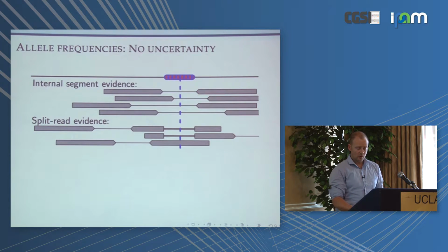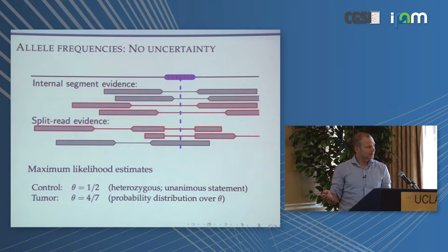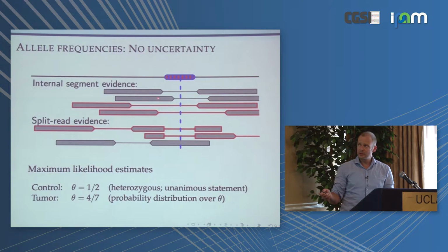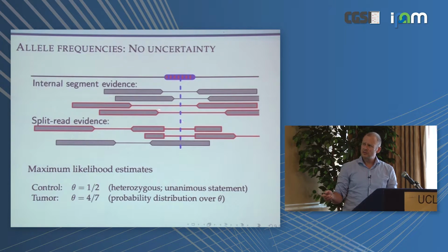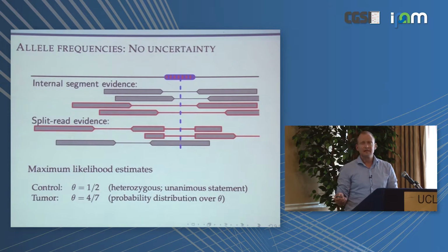So assume we don't have any uncertainty, we know all these alignments are correct, so they indicate the correct placement of the reads. And we also know that for those two, the red ones, there's also no typing uncertainty. The red ones are associated with the variant allele, and the gray ones are not.